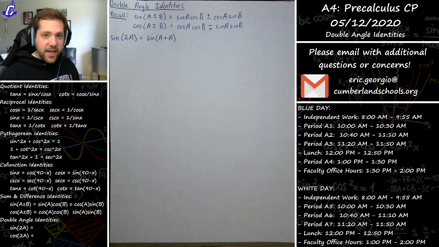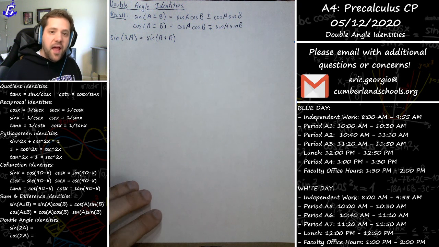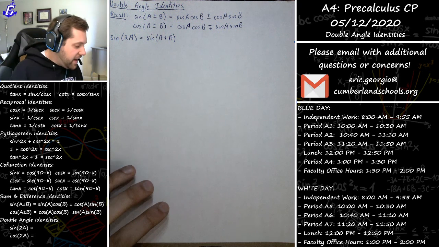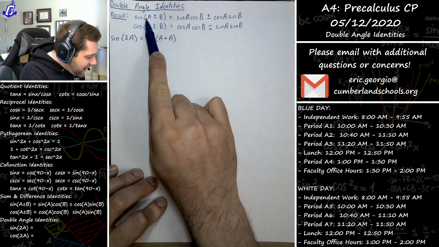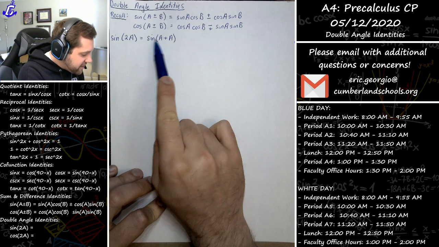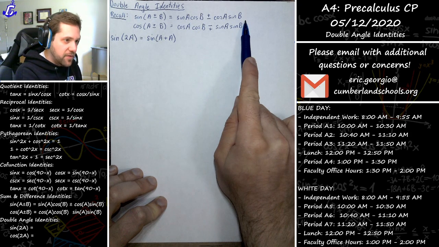Because A plus A is 2A. The beneficial thing about that is now you could look at this and see that it matches the exact structure of the sine of something plus something else. And we could expand it out using this formula.